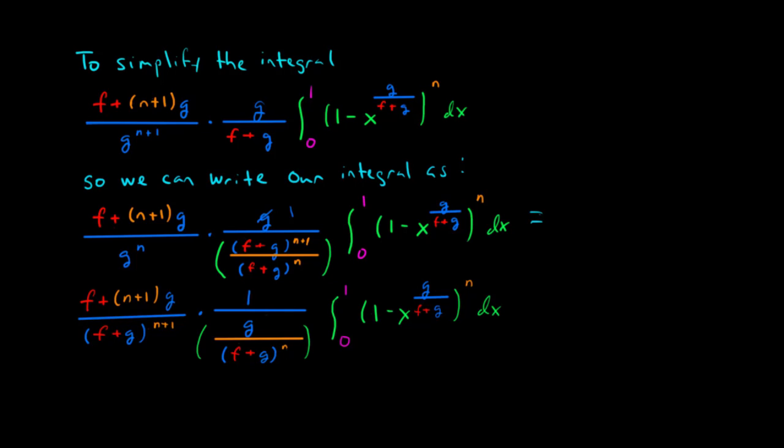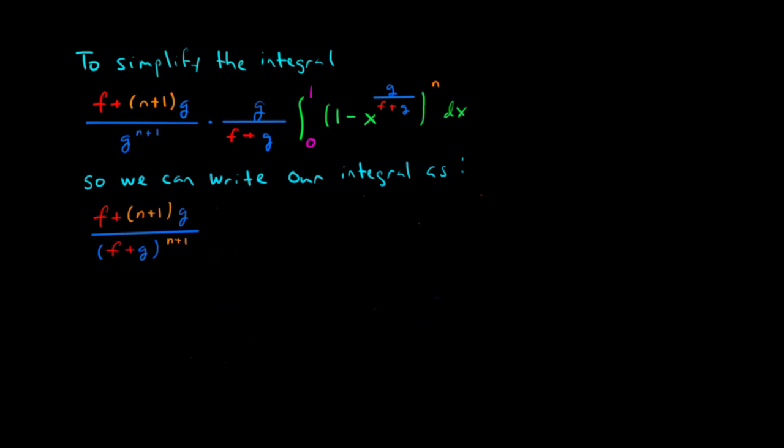Now, looking at this term here, I can take the exponent to the nth power and just put it outside the parentheses. That'll be convenient. And then I'm going to actually take this constant and bring it inside the integral. And why I'm doing that will become clear in a moment.